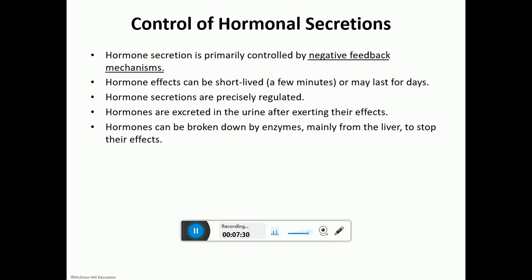Some vary from a few minutes to a few days. The hormones are mainly excreted in urine. Okay, and they are broken down by different enzymes. Most of these enzymes are found in the liver, and that is why if somebody has liver failure, you are going to find that they have lots of hormonal imbalance because they've lost that ability to break down these hormones.